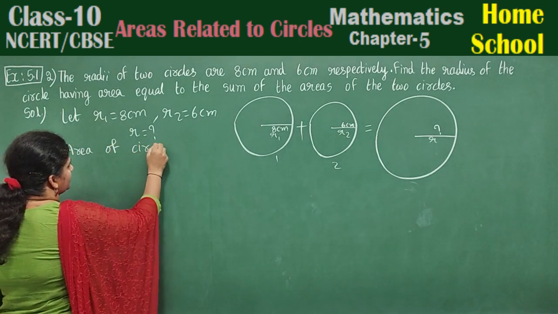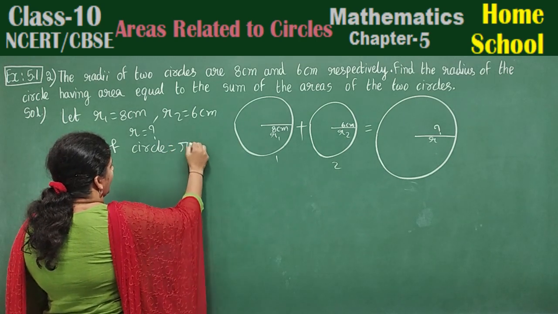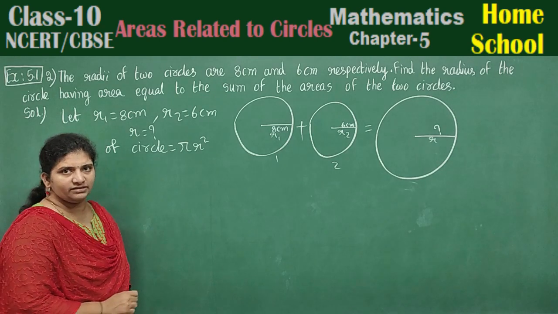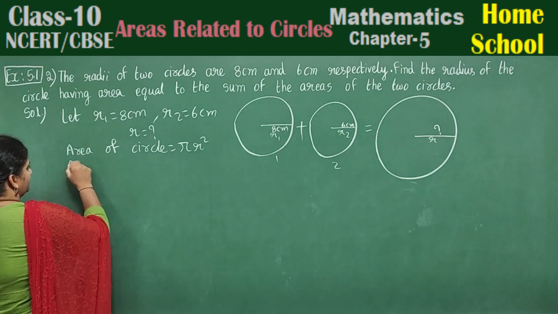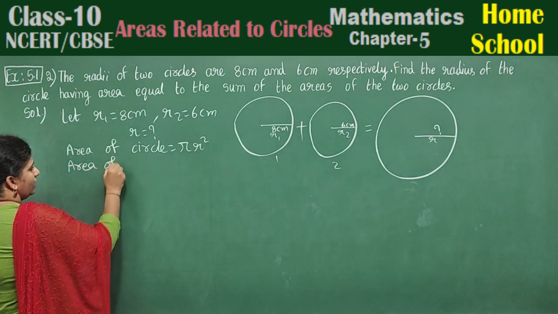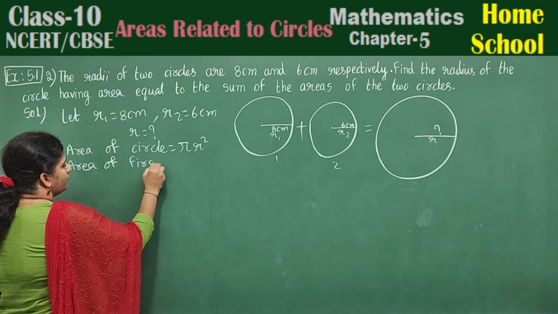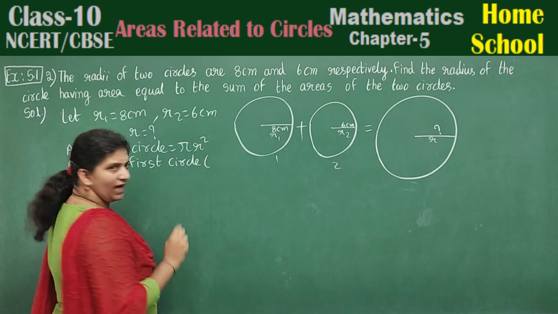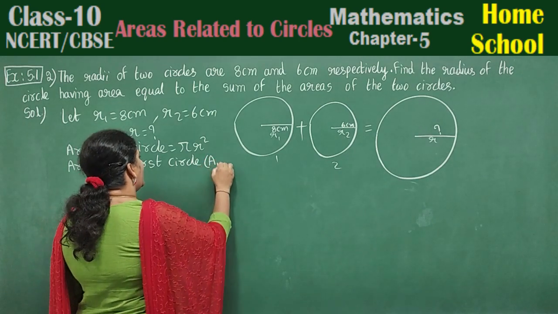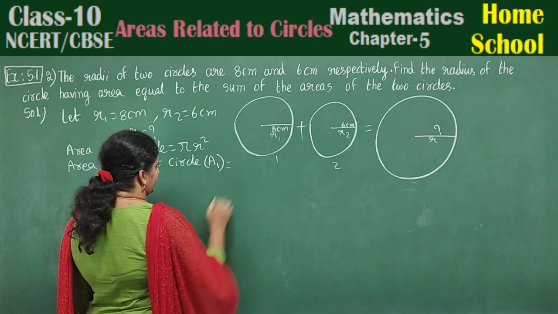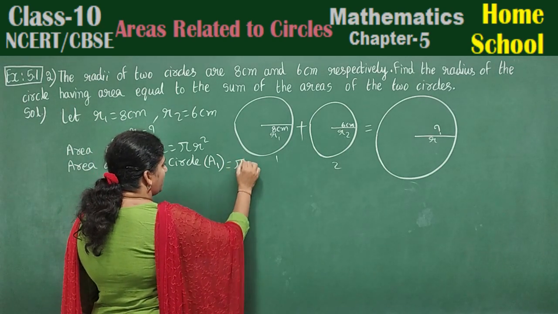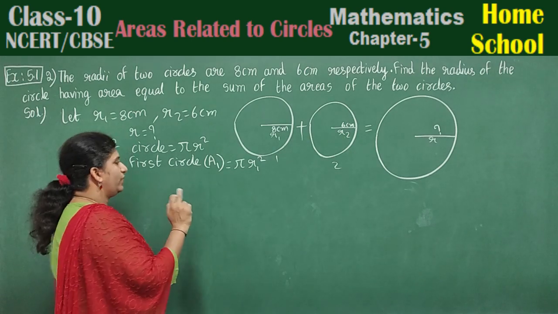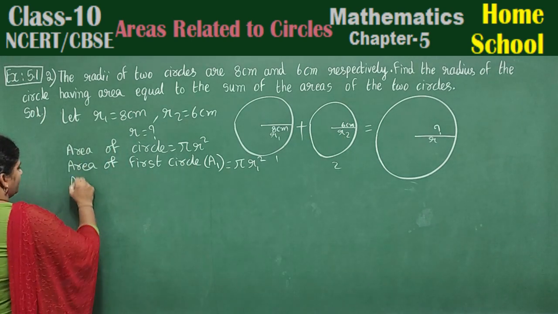Area of circle is equal to pi R square units. Area of the first circle, A1, is equal to pi R1 square.